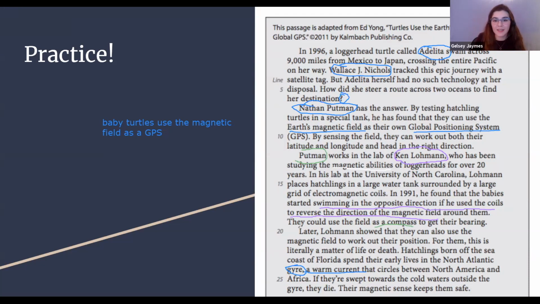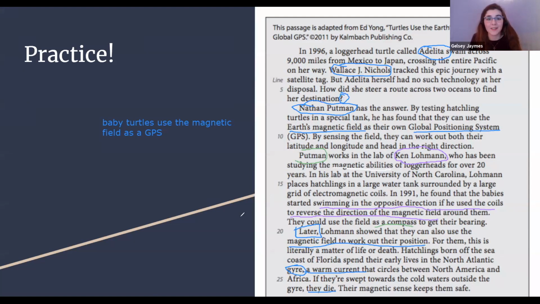Another thing I'm going to do here is box the word "later," because it's one of those transition words that we might want to be aware of when you're moving between ideas. And just another couple annotations: that they're using the magnetic field to work out their position, and that it's a matter of life or death. And if they're outside the gyre, they die. So just highlight that important part there.